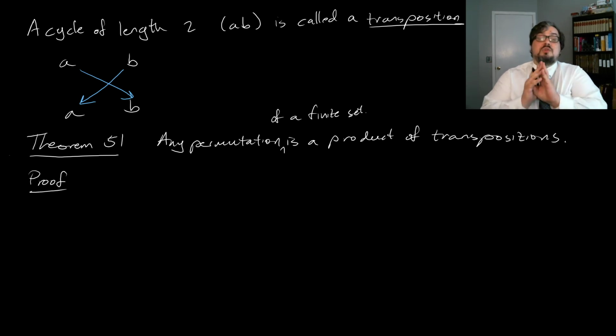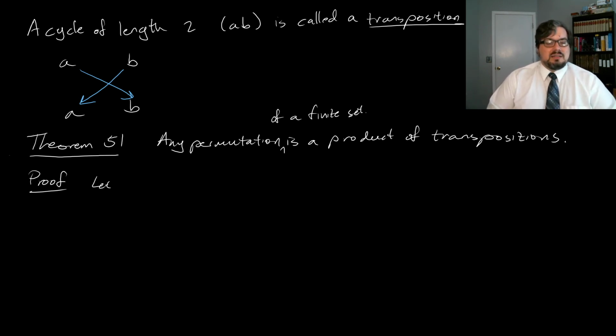So first of all, note that we already have a theorem that says that any permutation is a product of cycles. Therefore, it's enough for us to show that any cycle can be written as a product of transpositions. Because then, if you want to write a permutation as a product of transpositions, you just write it as a product of cycles, and then write each one of those cycles as a product of transpositions, and then you're done.